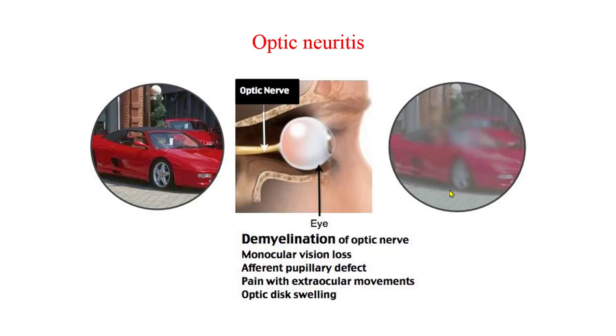In children, there is usually bilateral involvement, whereas in adults, usually only one eye is affected. The most common etiology of optic neuritis is multiple sclerosis, or MS. It can also be caused by infection, autoimmune diseases, and certain medications.